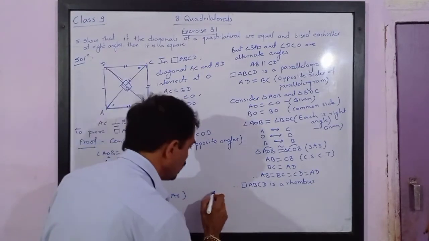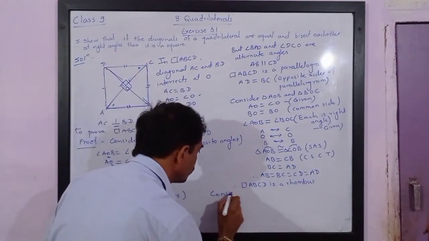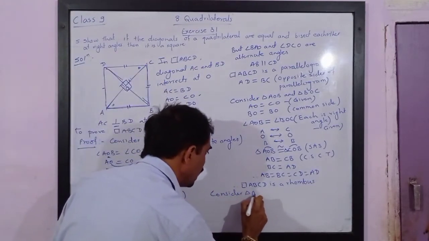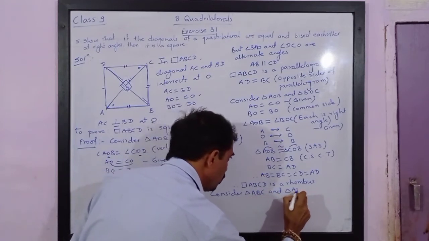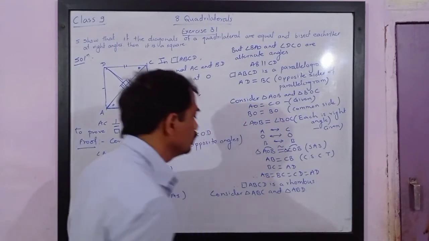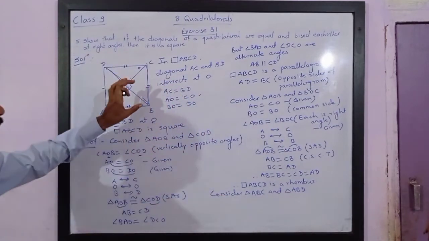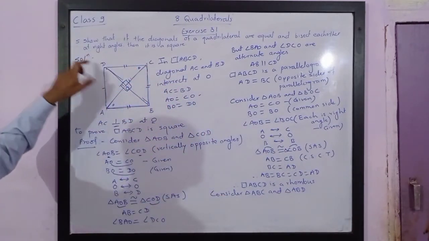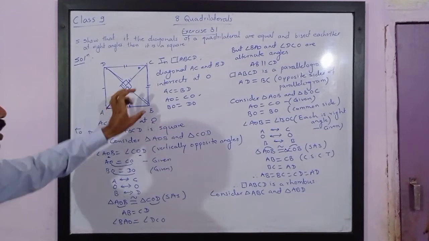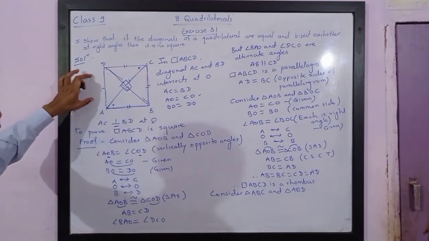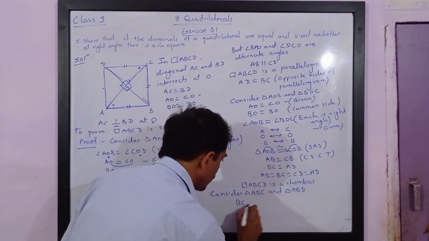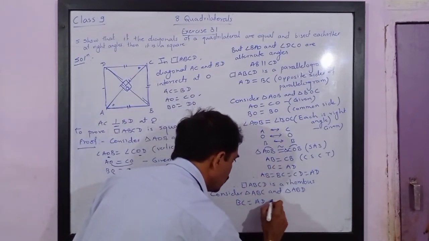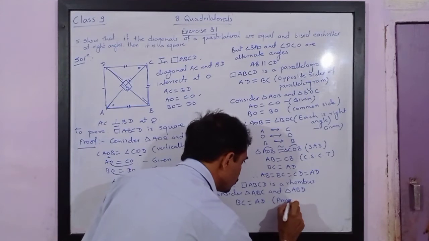So for this, consider triangle ABC and triangle ABD. In this, BC equals AD. We have just said BC equals AD. You can say proved earlier.